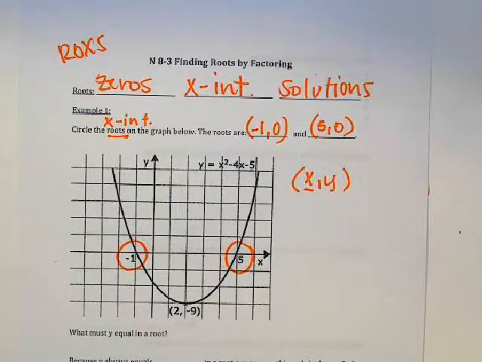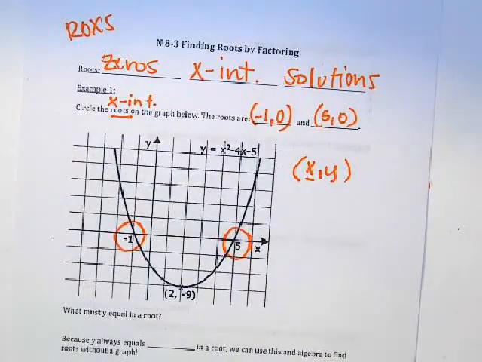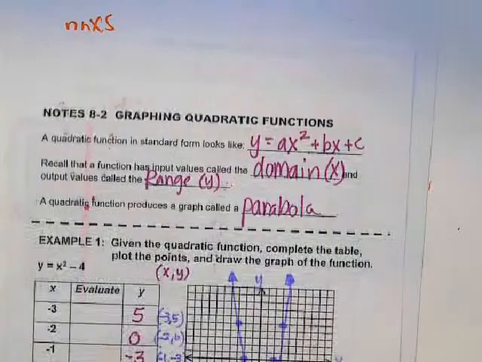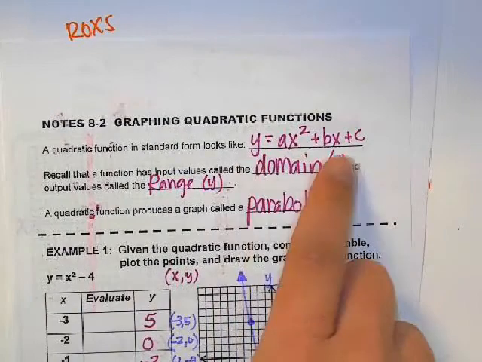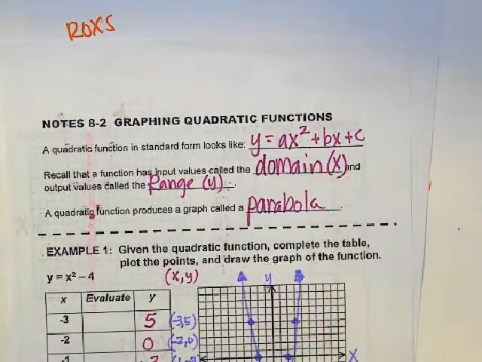Remember the other day when we went over this 8-2, and I said this is your new equation, ax squared plus bx plus c, and I said, where's my book? We've already been doing these equations.